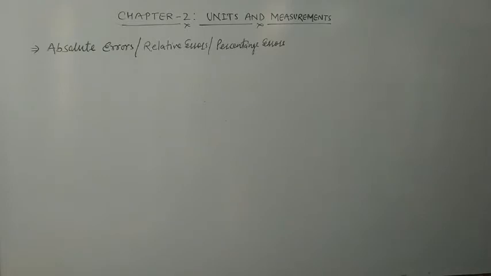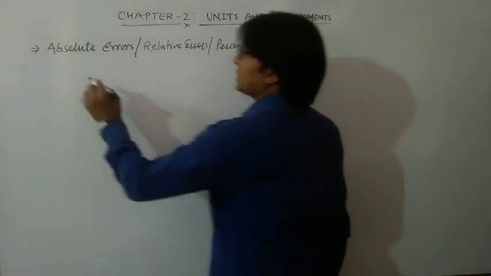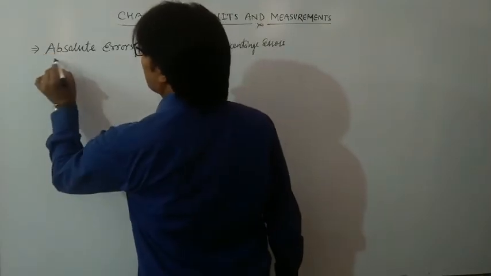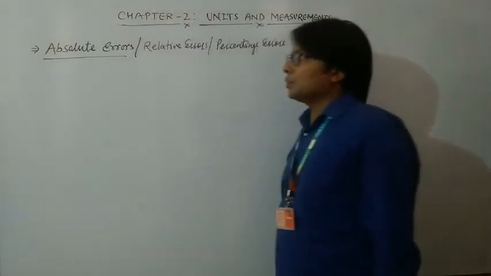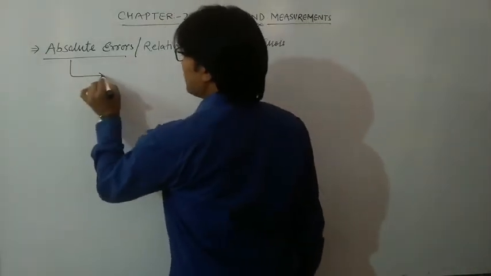Now let us discuss some other types of errors which we face in our measurement. The first type is absolute error. First we will define what is absolute error.